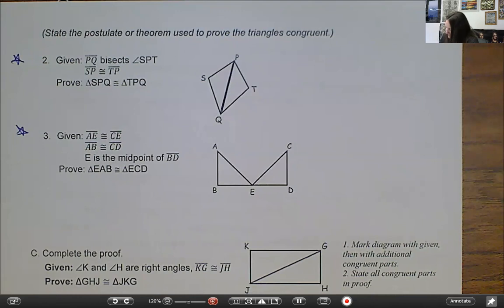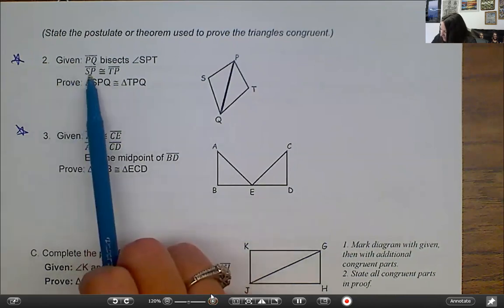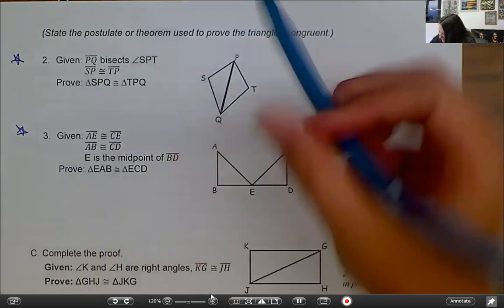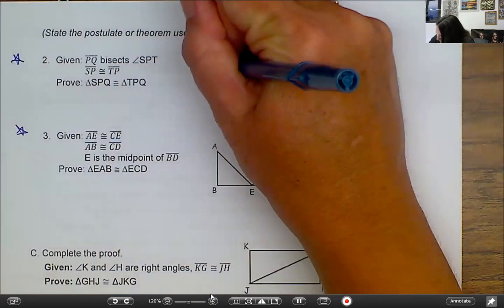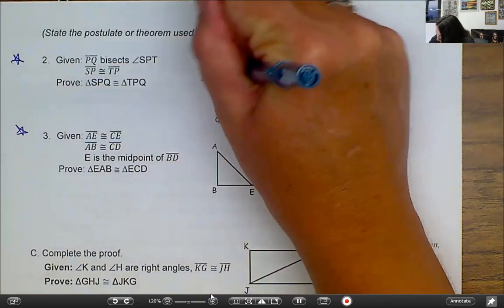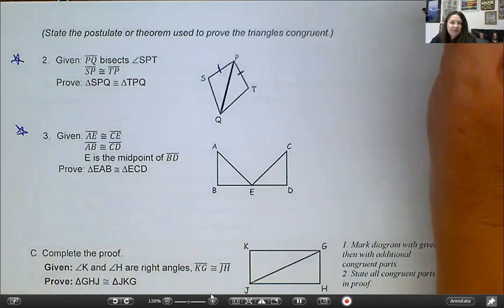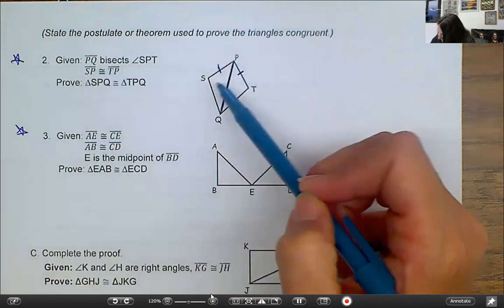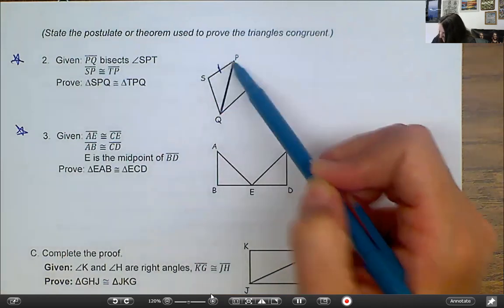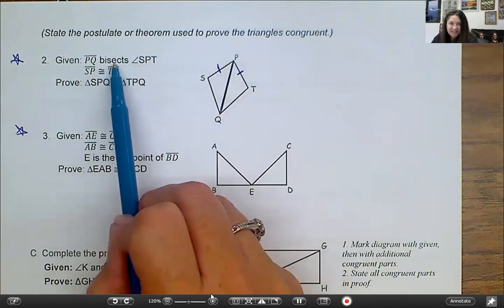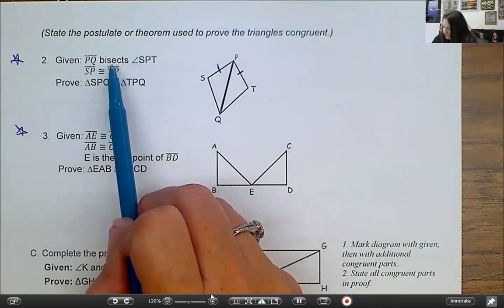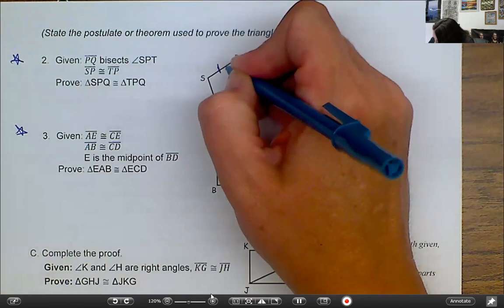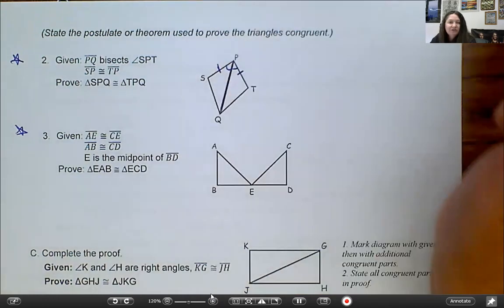Okay, so in this case, we're given that side SP is congruent to TP. Then we are told that PQ bisects angle SPT. Well, if it bisects, it divides it exactly in half or into 2 congruent parts. It's going to divide it into 2 congruent angles.